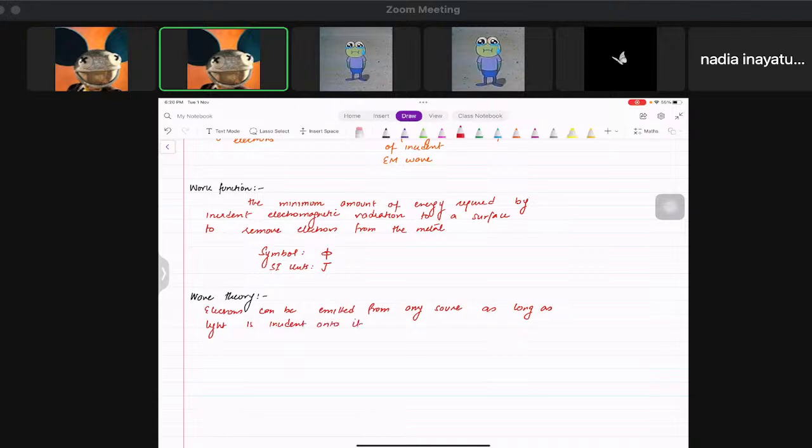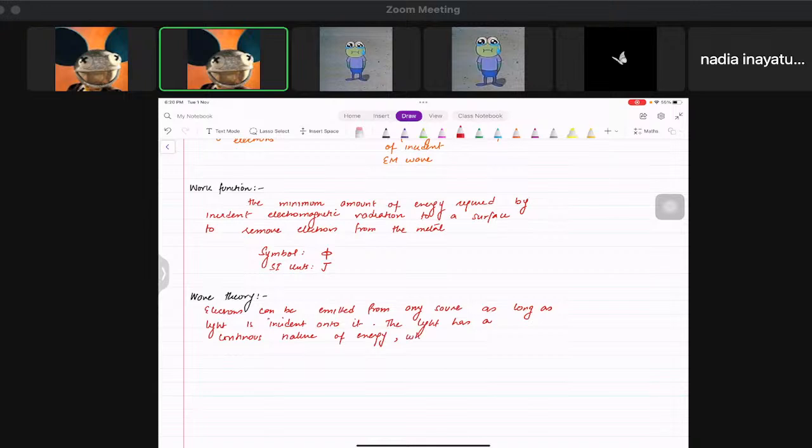So it doesn't say that you need UV or something like that. Any light can do that. And it says the light has a continuous nature of energy. So it is exactly the opposite of photoelectric effect, where we say it has quanta. Wave theory says it's just constant energy that's being supplied.